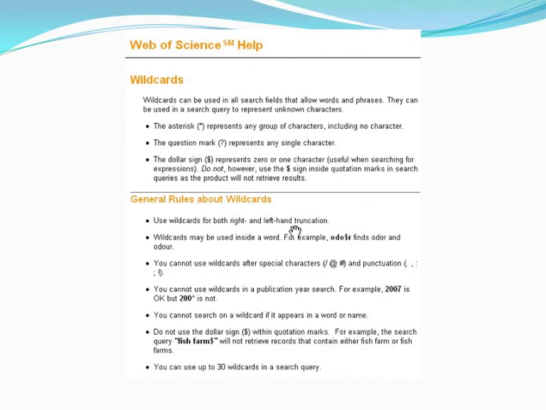Here is an example of the instructions of Web of Science and how you use wildcards. Okay, so here they use the asterisk, the question mark, and the dollar sign, for example. But each database may have specific instructions and specific symbols to use for truncation or wildcards.